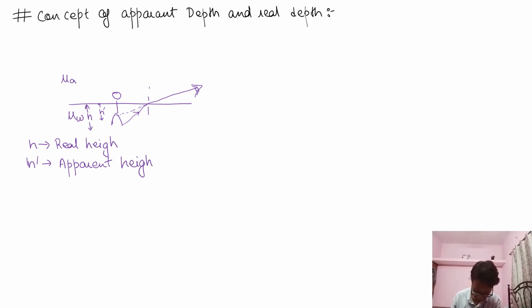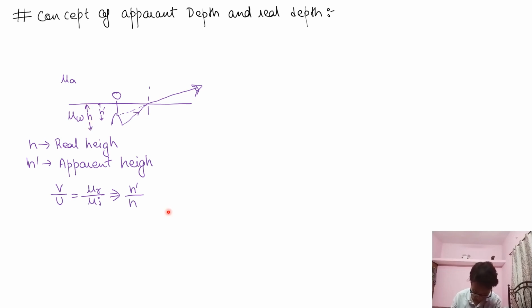Now what is the formula for apparent height by real height? Apparent height is nothing but the height of the image, and real height is nothing but the height of the object. From the previous section I have derived the formula: v by u for a plane surface is equal to mu r by mu i. V is nothing but h dash, the apparent height as observed by the viewer, divided by h, the actual height of the object.